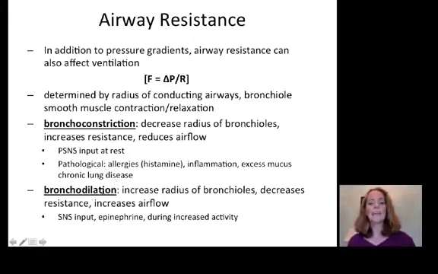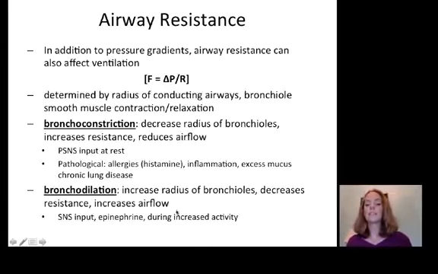Finally, bronchodilation. We can take the airways and open them up. If we take a small airway and we open it up, this will lower the resistance and increase airflow. This will happen with sympathetic nervous system input. The sympathetic nervous system actually expands the bronchioles, it relaxes the smooth muscle in the lungs, so it does the opposite to what it does in the blood vessels, and that's through epinephrine.